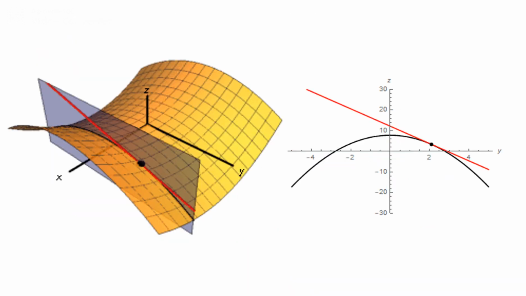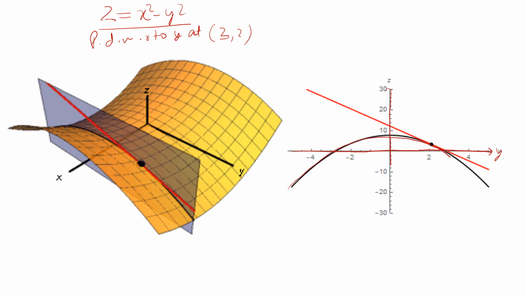Similarly, suppose we want the partial derivative of the similar function z equal to x square minus y square with respect to y at a different point, say (3, 2). So what will happen? Now we take the y-axis and this is the z-axis and this is the curve.